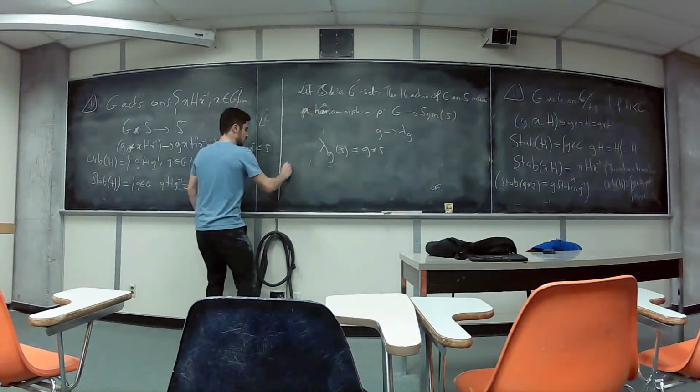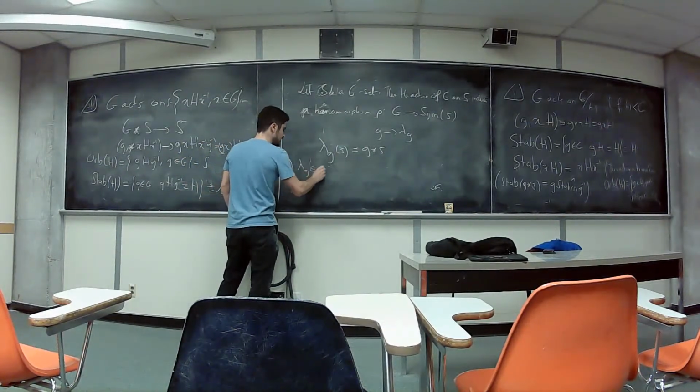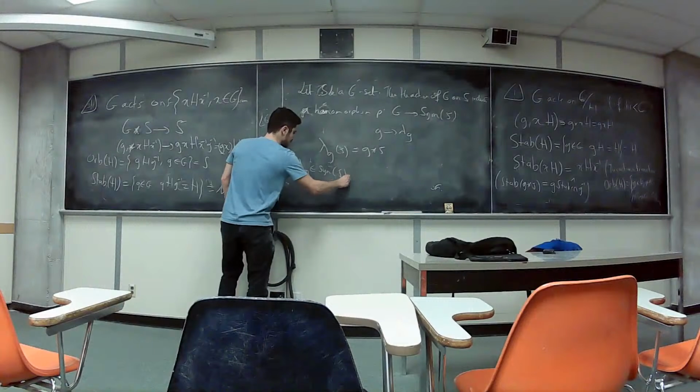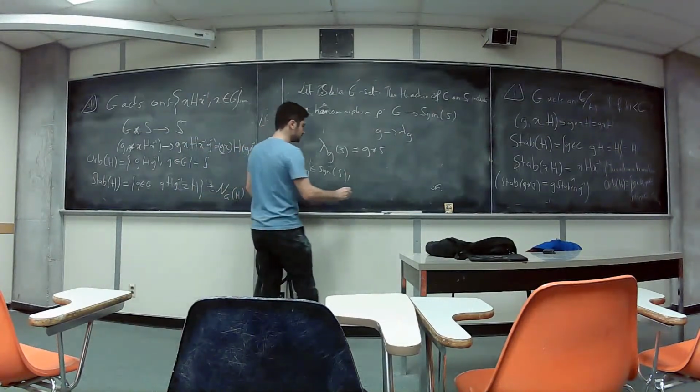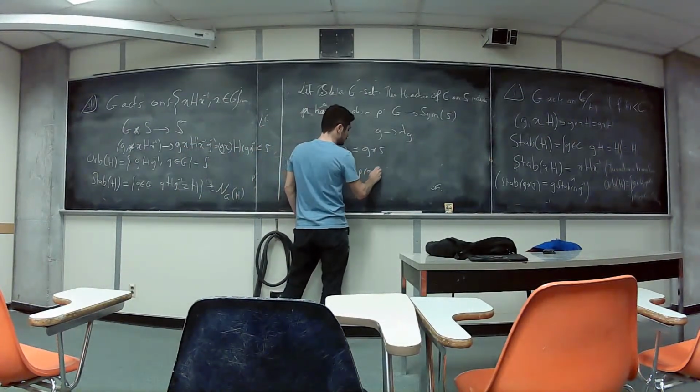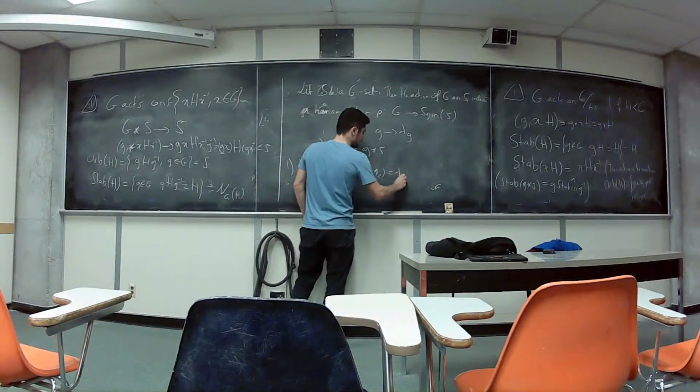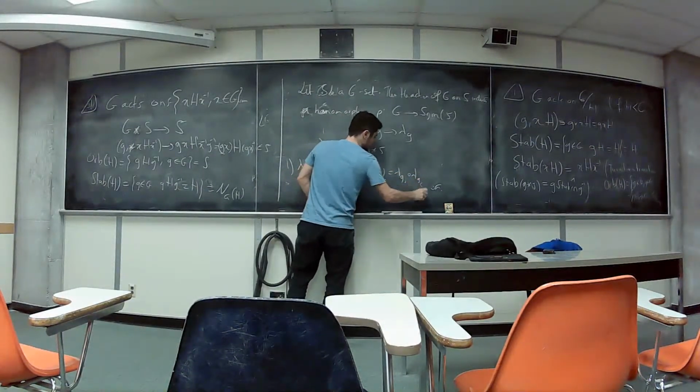So first, we need to show that lambda g belongs to Sym S, and that rho of g1 g2 is lambda g1 lambda g2.